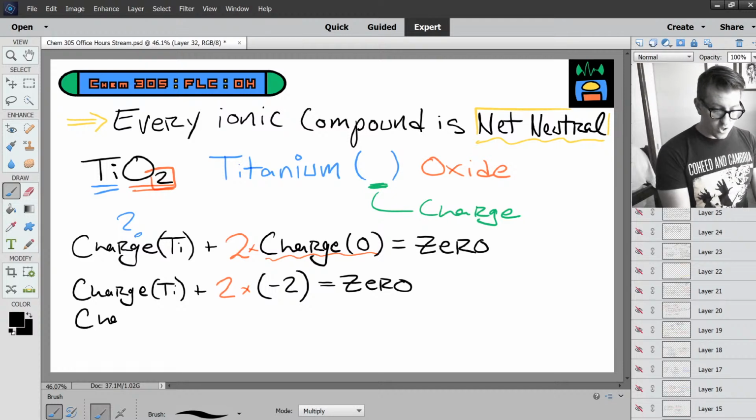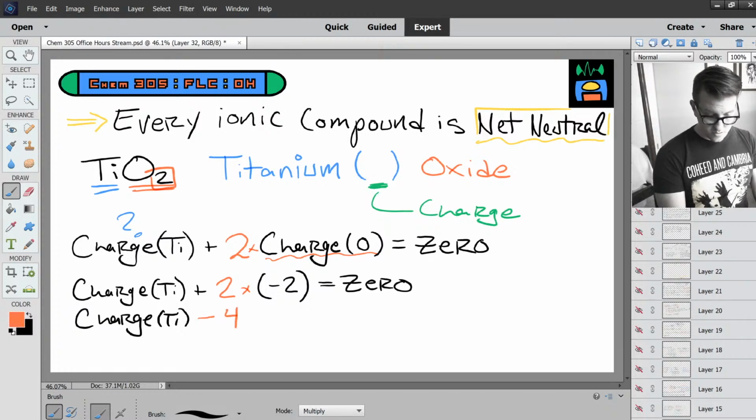That means the charge that titanium has, 2 times -2 is -4. Charge on titanium minus 4 equals 0.